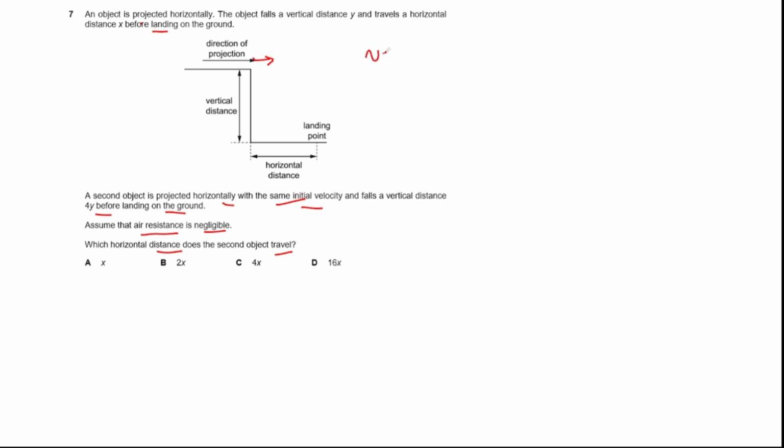So let's consider the vertical motion of both objects. For the first object, let's represent the vertical distance with y. So y is equal to ut plus half at squared is the formula, but since the initial velocity is 0 in the vertical motion, not in the horizontal one, because it's given that the objects are projected horizontally with the same initial velocity, not a vertical one.